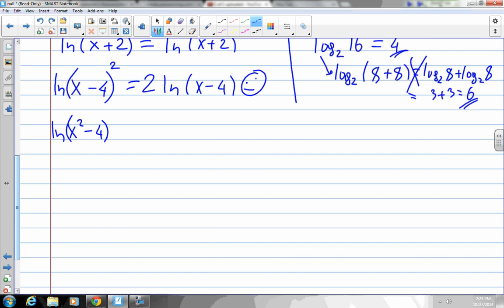What was that? Oh, you mean change the base? Well, it's base e, but yeah, I can say that.